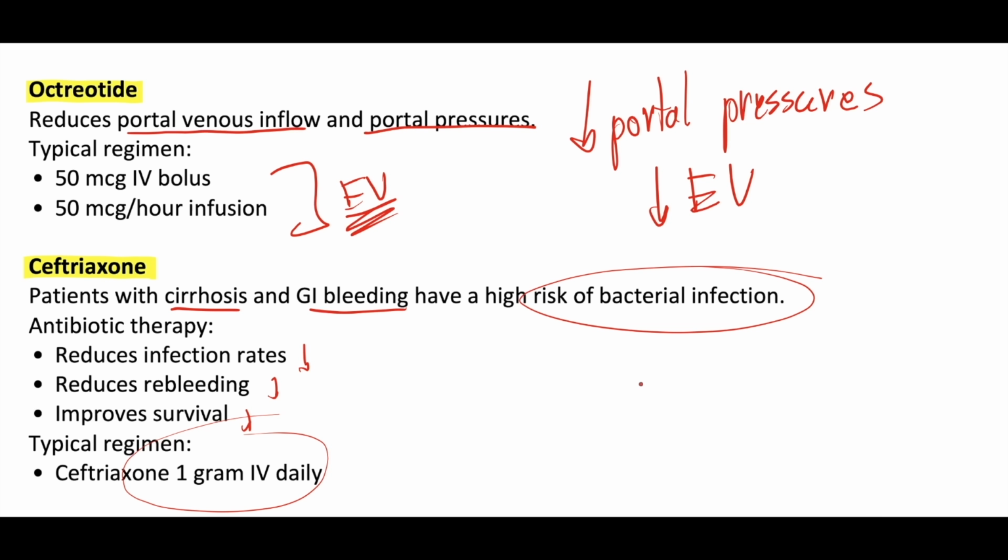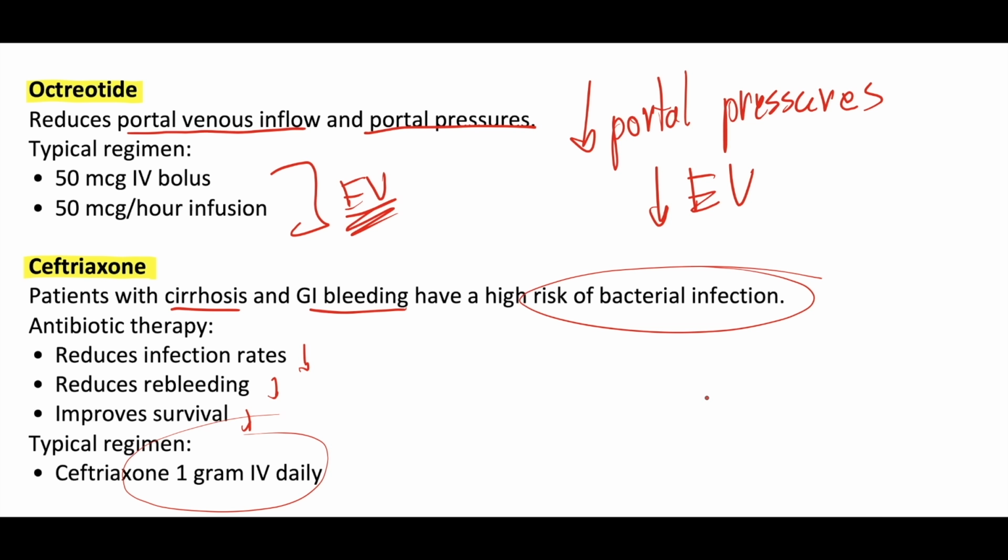This is not what we sometimes hear people say, that this is for SBP, spontaneous bacterial peritonitis prophylaxis, which would imply if they don't have ascites, that you don't need to give ceftriaxone. That is a falsehood as far as we're aware, unless there's new data that's been out, and maybe someday there will be new data. To be fair, the plot is much thicker.